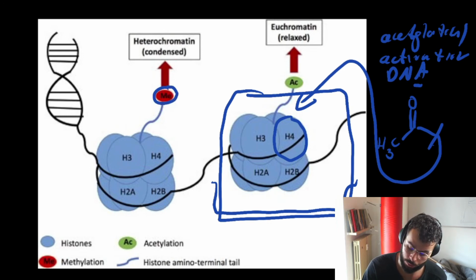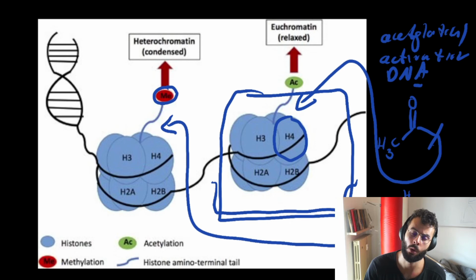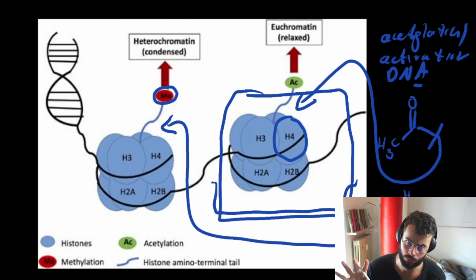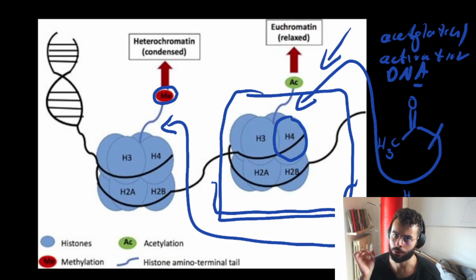And a methyl group is just a carbon with the hydrogens. This is a methyl group. Putting methyl groups either on the DNA or on the histones is usually going to stop transcription. And putting acetyl groups on either the histones or the DNA is going to activate this area of the DNA and cause transcription.